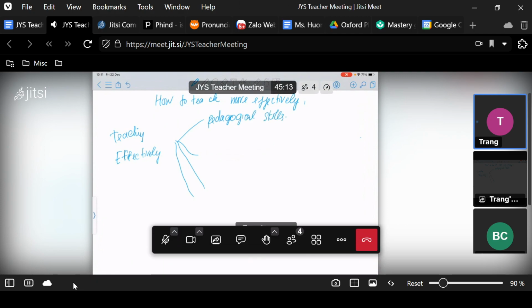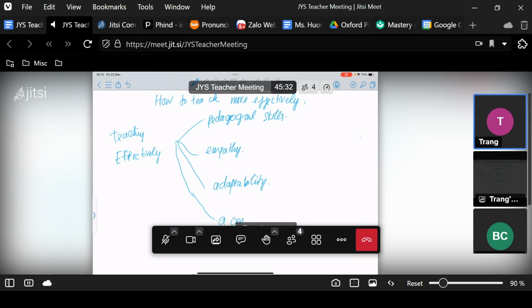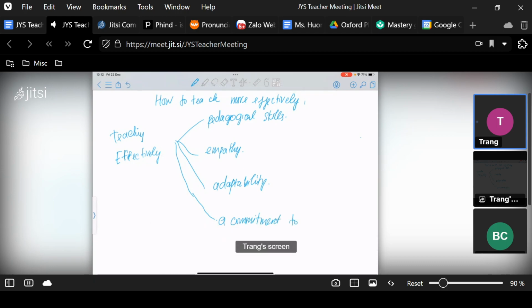The second thing is empathy. The third is adaptability. And the last one is a commitment to continuous improvement.